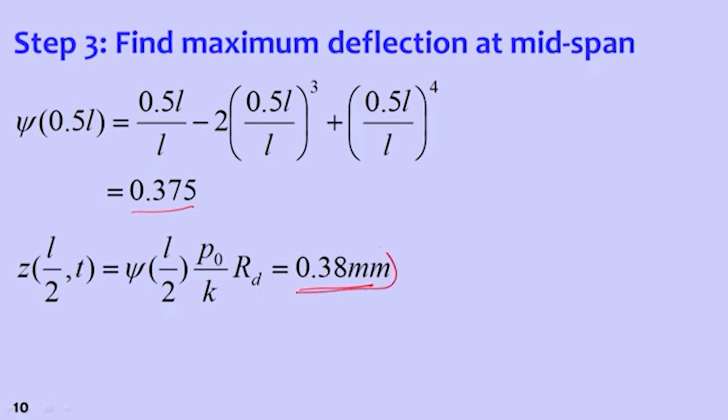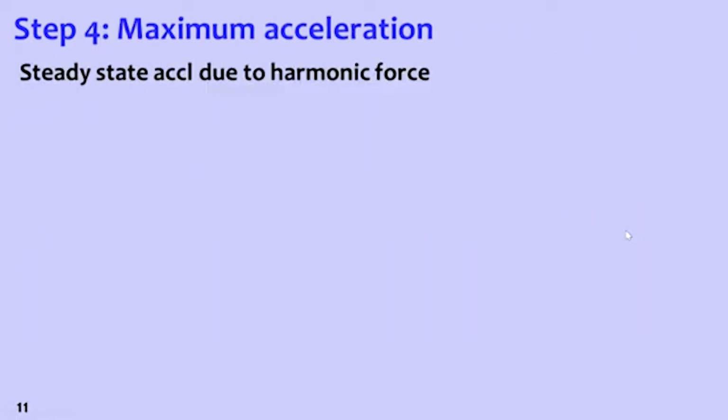This is the maximum deflection. We need to check whether this is less than or equal to the allowable deflection, by using the limits of IS 456.